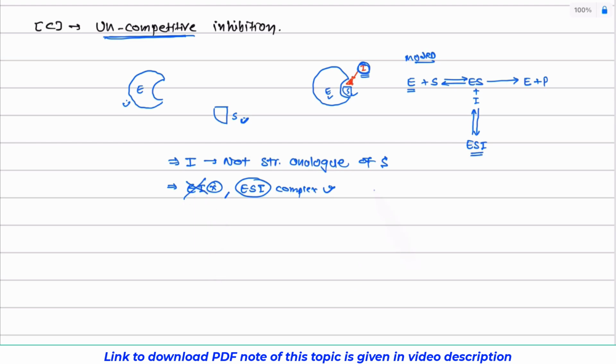Now what will happen to the Vmax and Km value in the presence of inhibitor? See, first let's talk about the Vmax. As you can see, there is no competition between inhibitor and substrate, right?